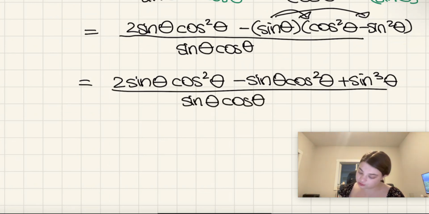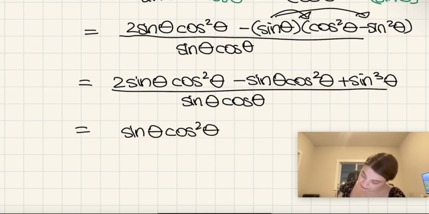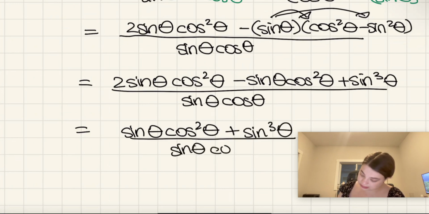Okay, so now we have 2 sine theta cos squared theta minus 1 sine theta cos squared theta. So we can simplify that to just get 1 sine theta cos squared theta, and then plus sine cubed theta over sine theta cos theta.